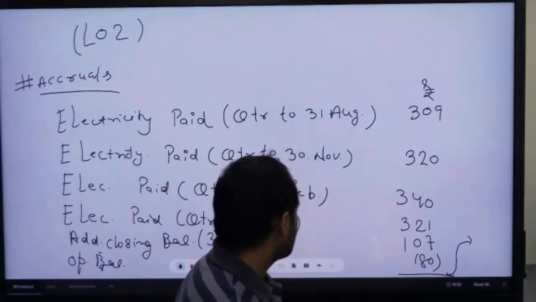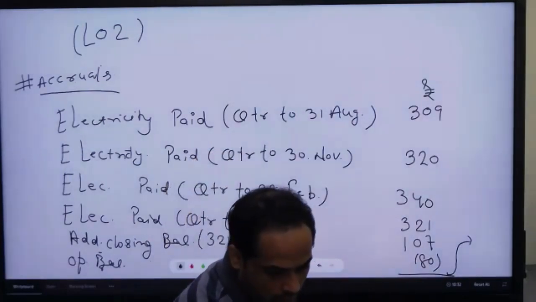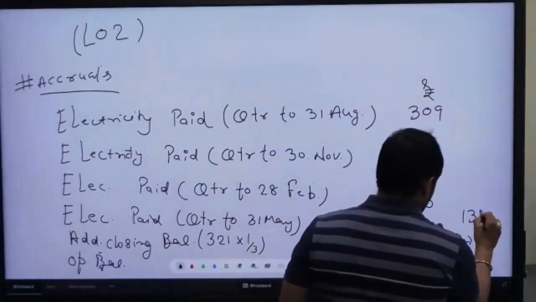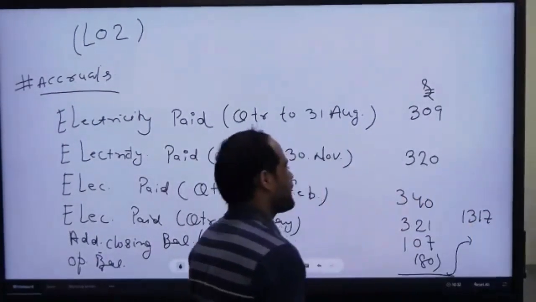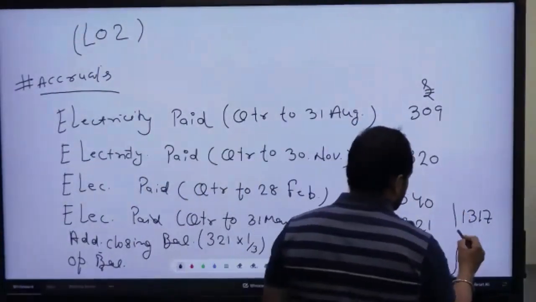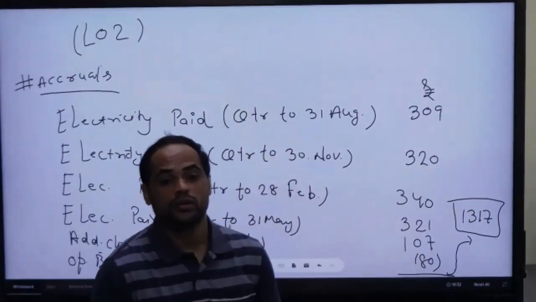Yes, that's right. So the total will be 1317. 1317 is the adjustment related to accruals, right?